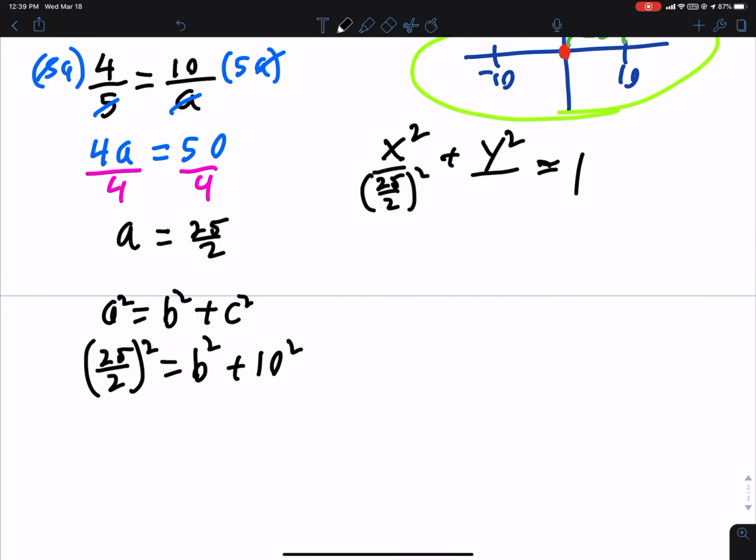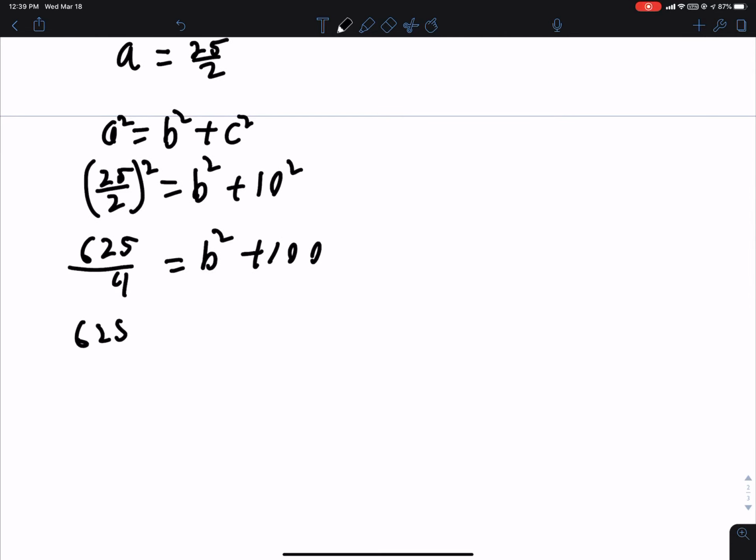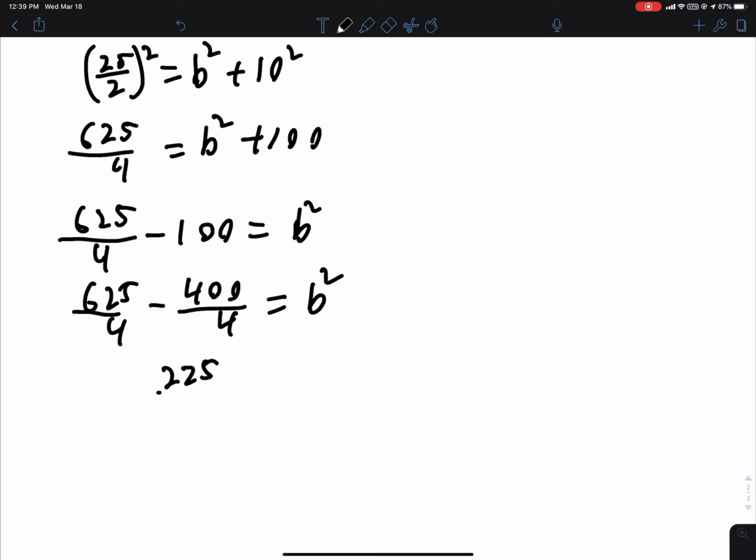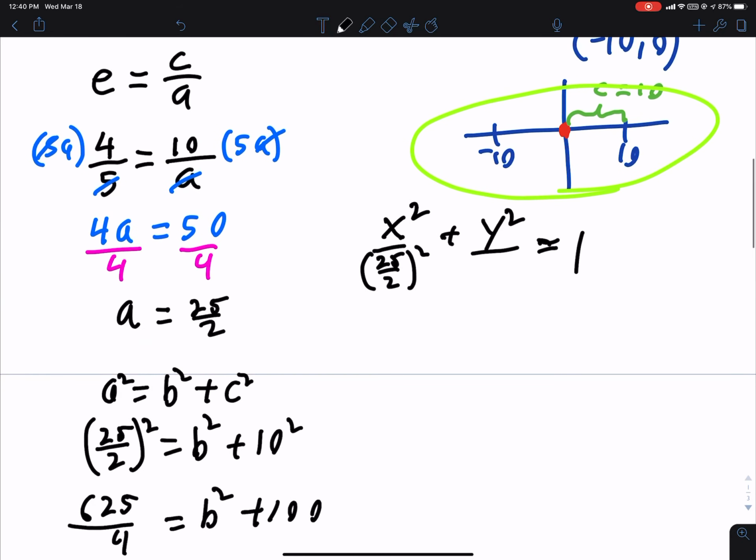All right, ugly, ugly, ugly. 25 squared is 625 over 4. Subtract 100 from both sides. Let's get a common denominator. That's going to be a 4. 225 over 4 is b squared. B is going to be 15 over 2. Not that ugly. So, back up to our equation.